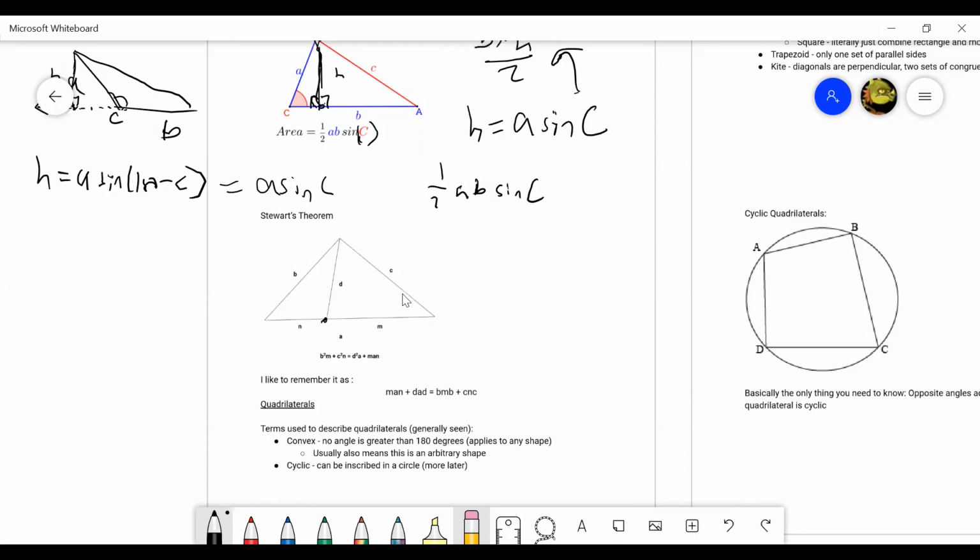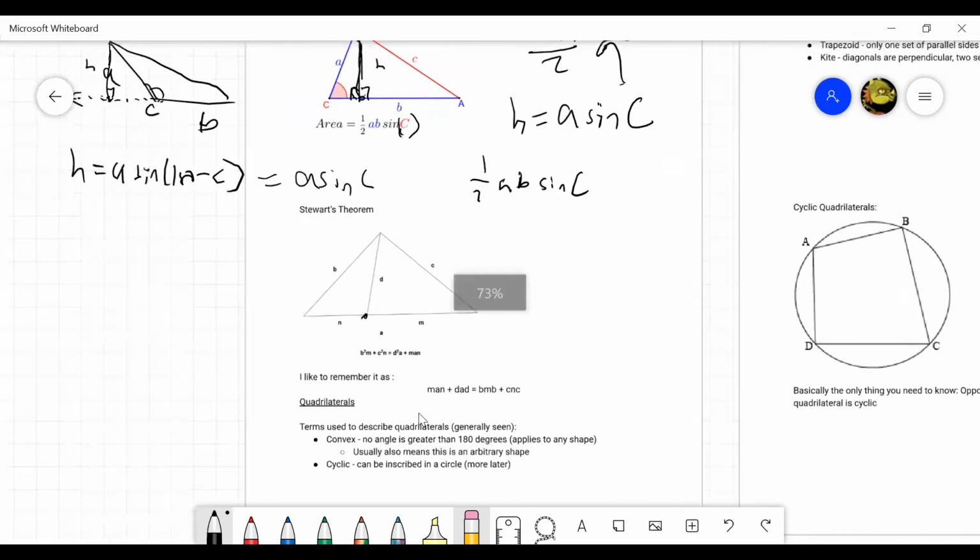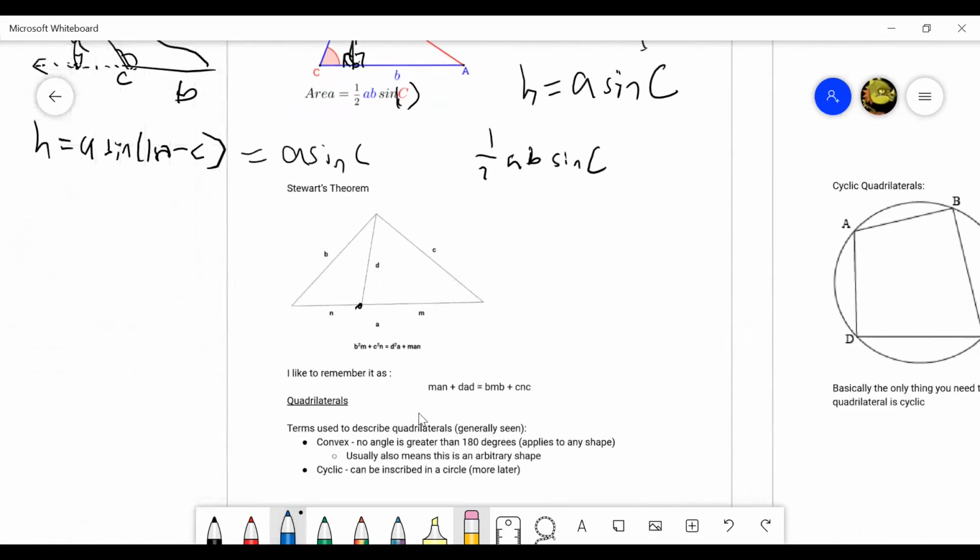And it basically states that there is a relation between every single side length in this picture. I've written it: B squared times M plus C squared times N equals D squared times A plus M times A times N.